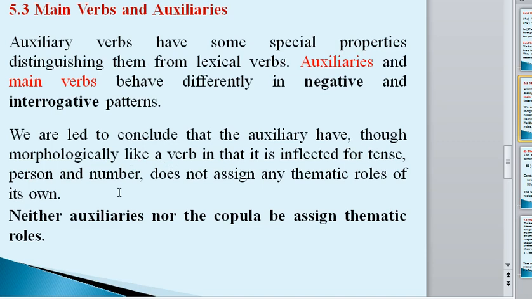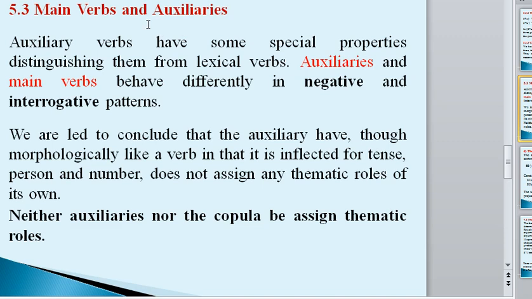One of the main differences between main verbs and auxiliaries is that neither auxiliaries nor the copula, the to be form, assign thematic roles. Just main verbs can assign thematic roles to their arguments. Auxiliaries cannot assign thematic roles to the argument. So this is the main difference between main verbs and auxiliaries.